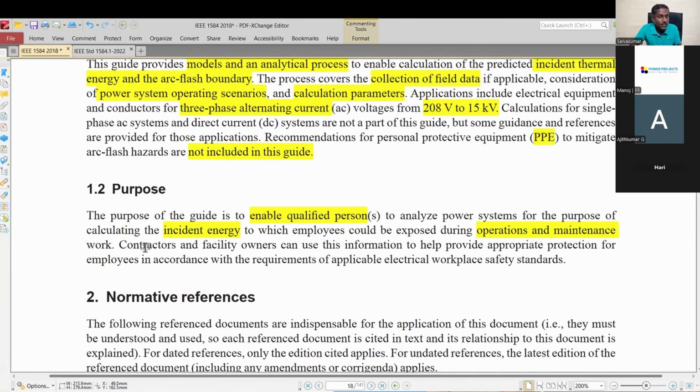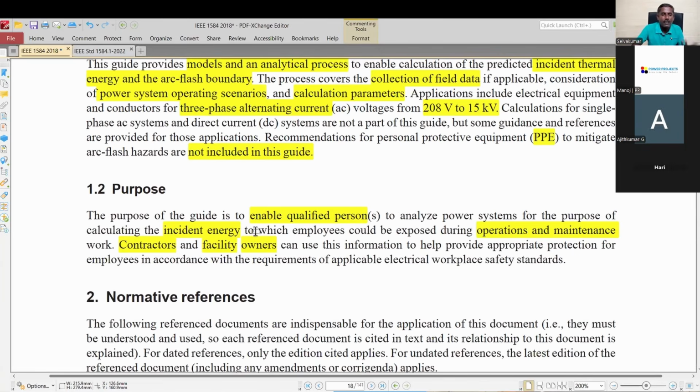So who is responsible? Contractors and facility owners can use this information to help provide appropriate protection for employees. The facility owners or the contractors should provide appropriate PPE by performing arc flash studies, finding out the incident energy and arc flash boundary, and referring to NFPA 70E for proper PPE.